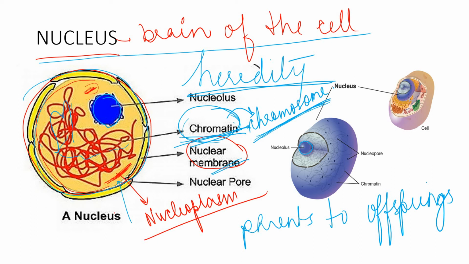All the genetic information is carried in the form of chromosomes inside the nucleus, and this genetic information is passed on from the parents to the offspring. And the nucleolus, which is non-membrane bound, that is, it doesn't have any membrane or covering, is present inside the nucleus. Understood? So this was all about your nucleus.